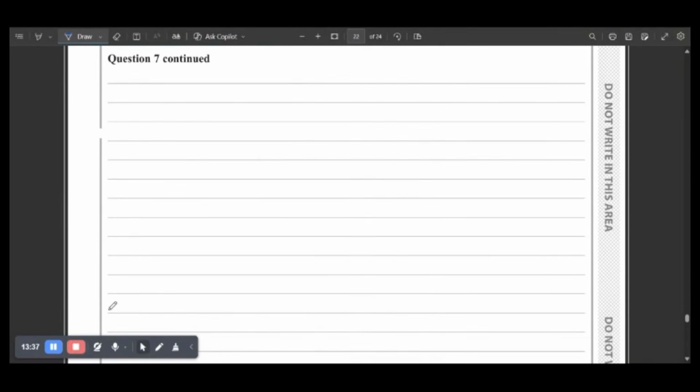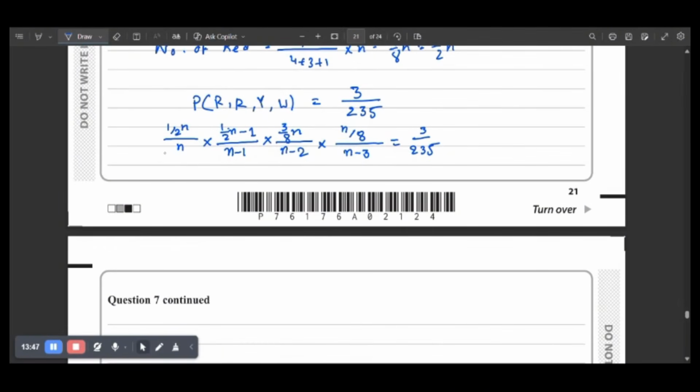What we can do here is simplify this equation by moving the denominators to the right side.